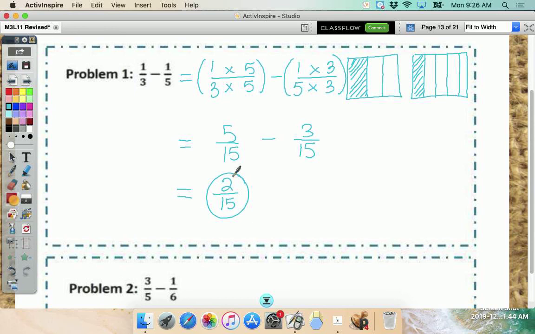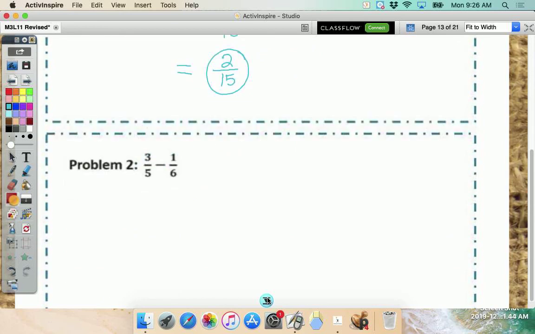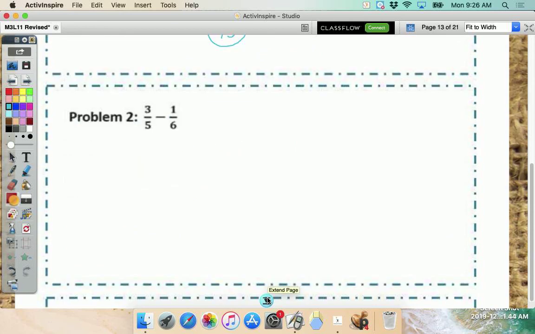A lot of times subtraction is easier than addition because the numbers get smaller instead of larger. Okay? So that seems pretty simple, doesn't it? Let's do one that's a little harder. This one I'm positive that 3/5 is larger than 1/6, aren't you? Okay, so let's put our 3 equal signs and solve this one.